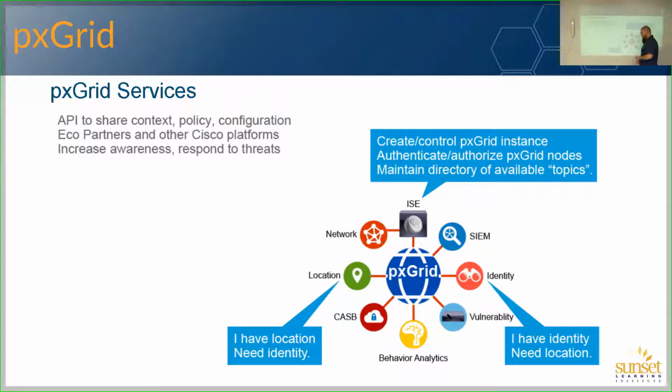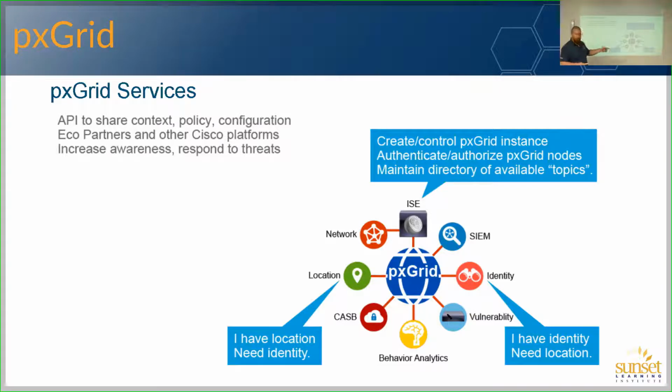And so with pxGrid, you have subscribers and publishers. A pxGrid publisher is any device that has information about a given client and its context, and a pxGrid subscriber is any device that is retrieving that info.